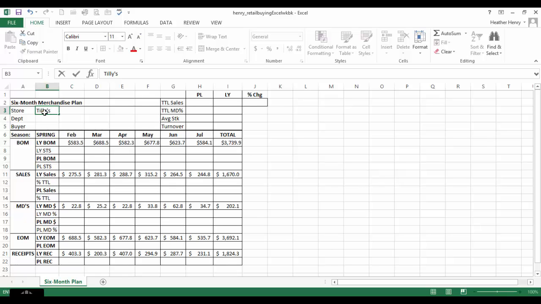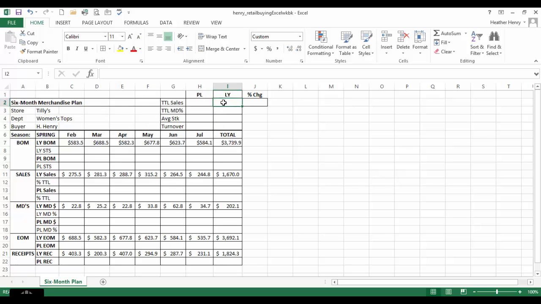So for the purpose of this exercise, I will be completing Tilly's, buyer name H. Henry, and the department that we will be looking at, we will dig into our women's tops. So this 6-month merchandise plan we're creating is pertaining to the women's tops department.